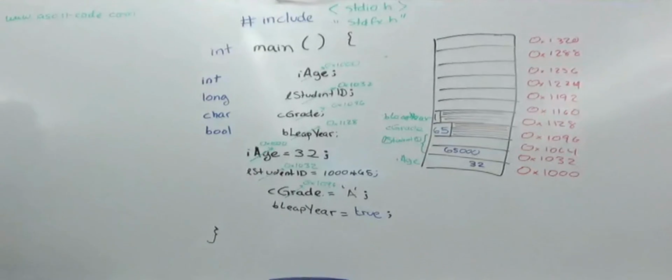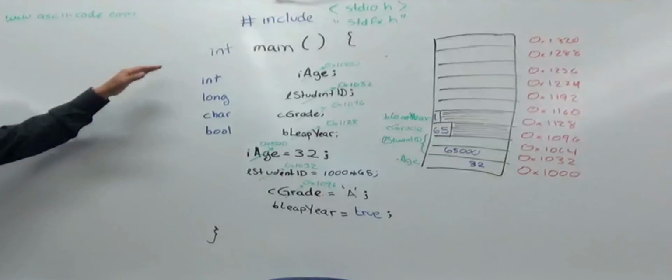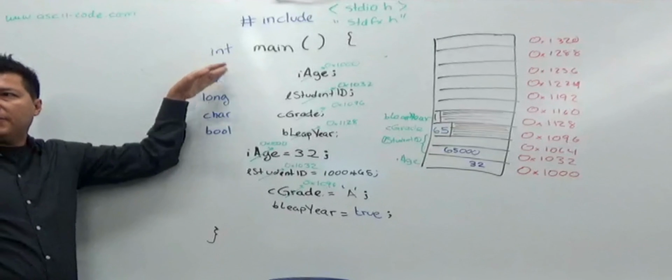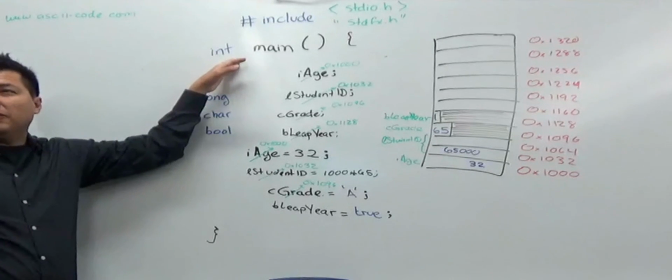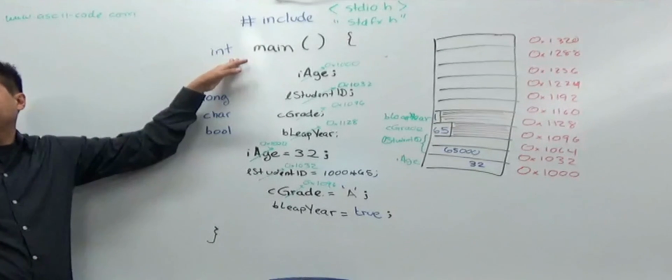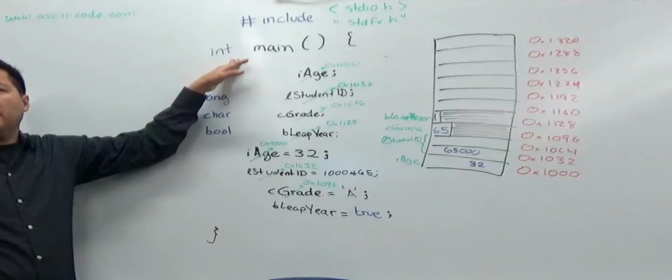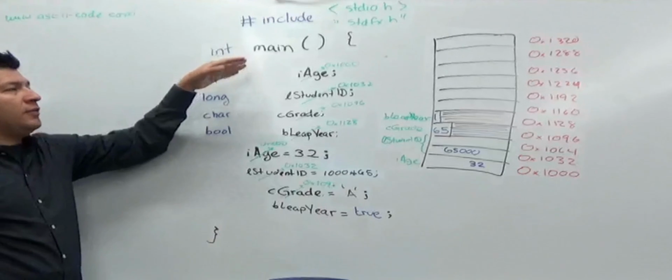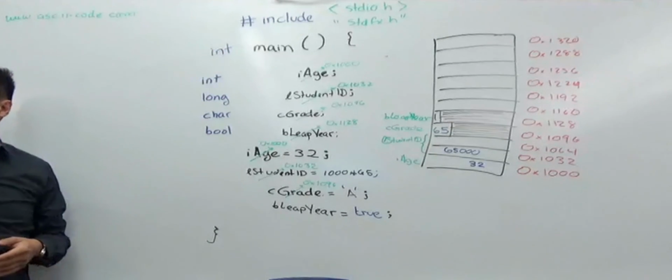So, this type, which is the same as the variable type, I told you was a function type. Actually, it's a return type. That means the function returns something.